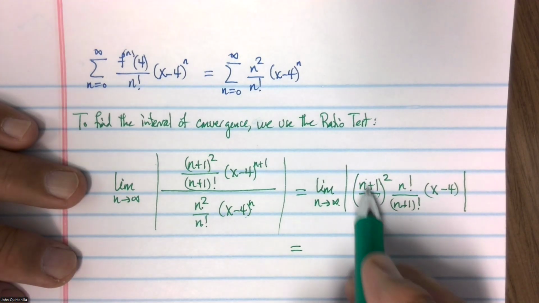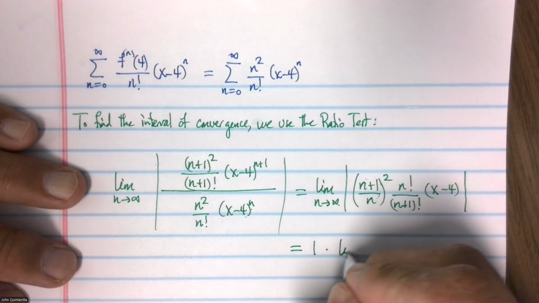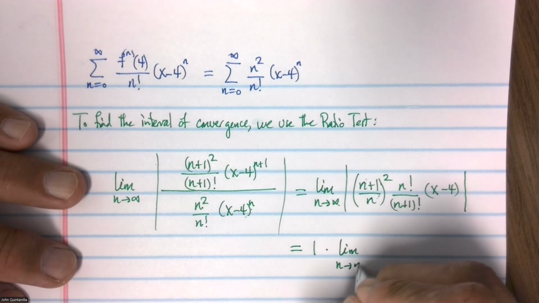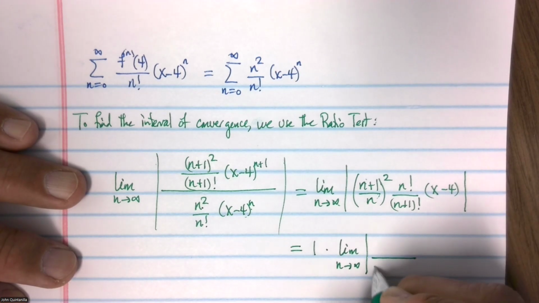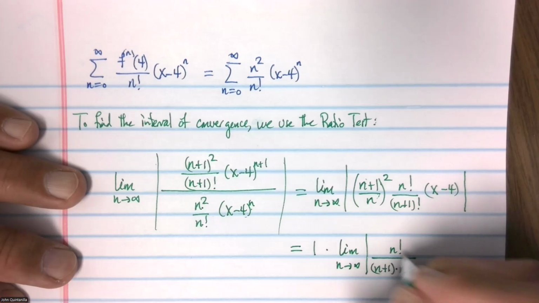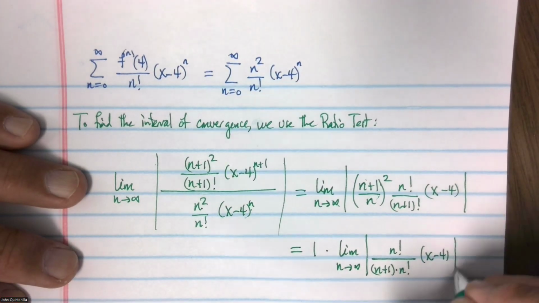That's a rational function. The exponents are the same, so divide the leading coefficients. 1 over 1 is 1. So 1 times the limit as n goes to infinity. All right, (n + 1) factorial is equal to (n + 1) times n factorial. Then I have an extra n factorial on top, and |x - 4|.